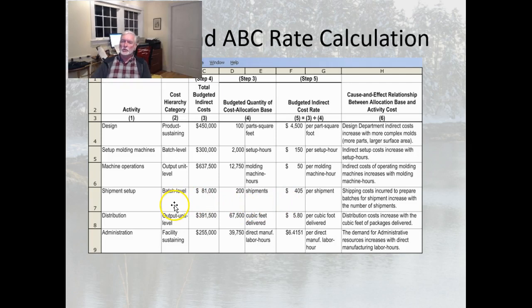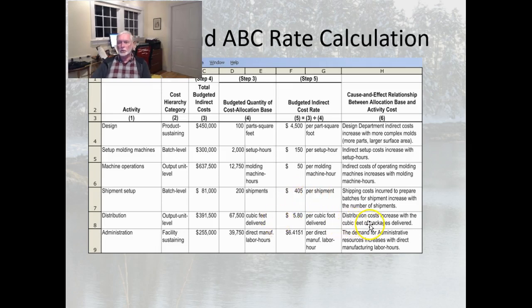And then shipment setup, this is shipping goods out, so this is part of your warehousing process. The shipping costs increase with the number of shipments, so it's $405 a shipment to set up the shipments.